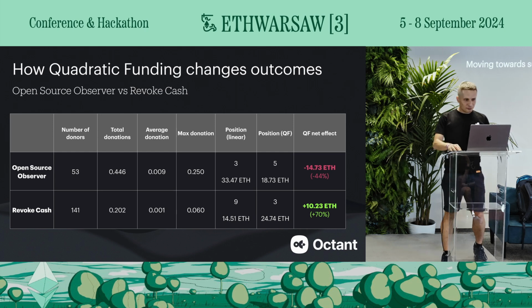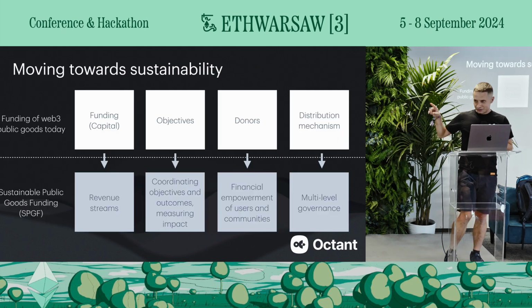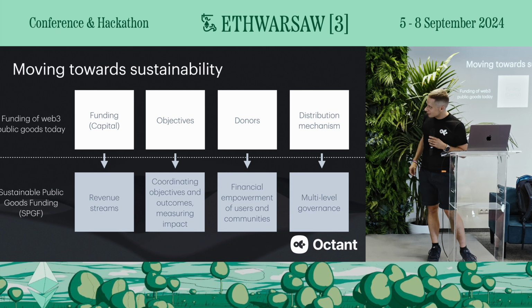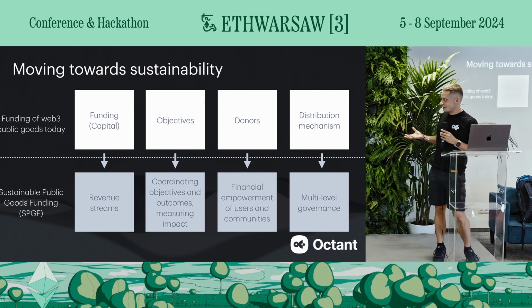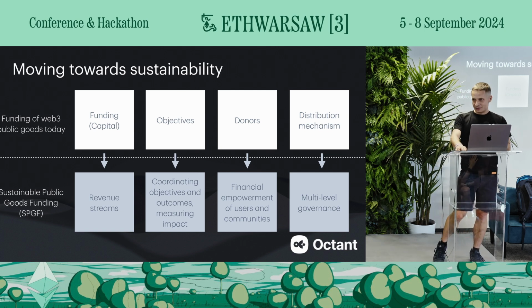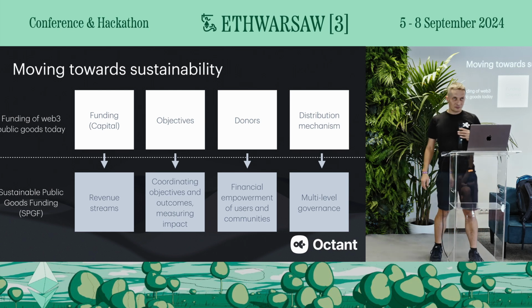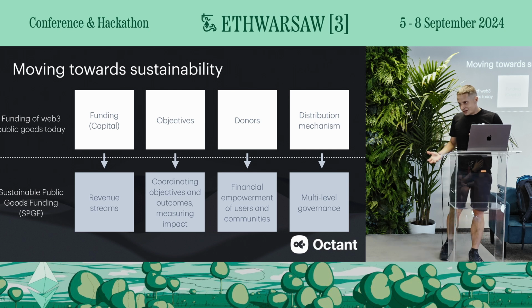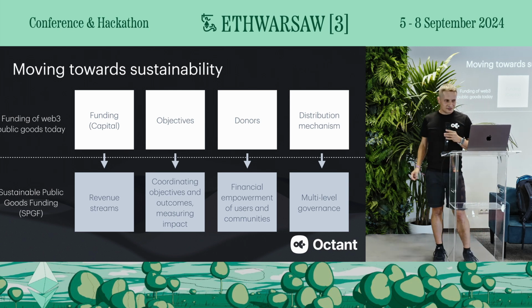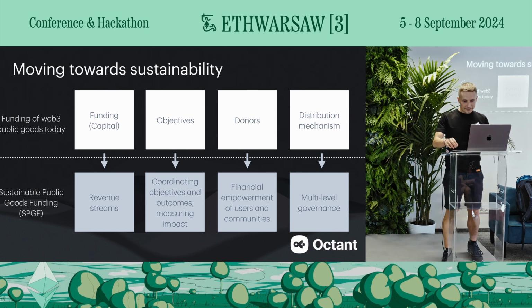But let me wrap this up by returning to the building blocks of a public goods funding program. I have hinted that some elements of that are not entirely sustainable, and by working on the next version or the evolution of Octant, we are considering creating something called sustainable public goods funding as a standard, an industry standard that could be adopted not only by us, but also by other communities.